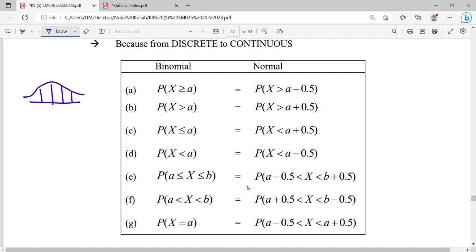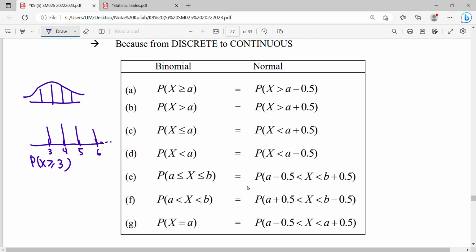Let's say more than A. Let's say I put a value P(X more than 3). So in discrete, you have 3, 4, 5, 6, right? So how do you do the boundary here?